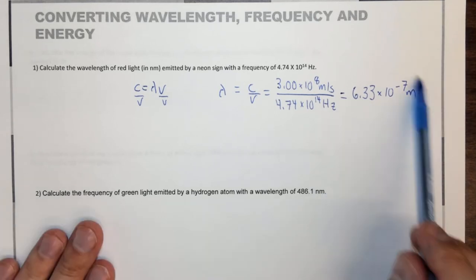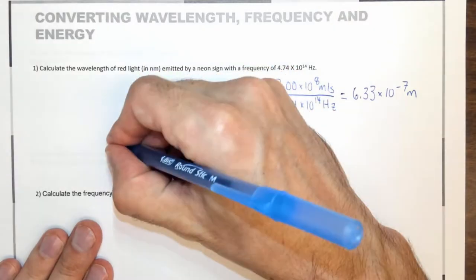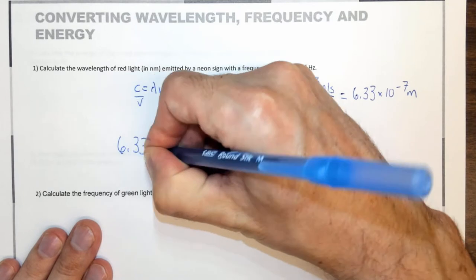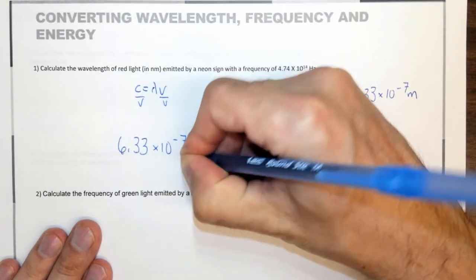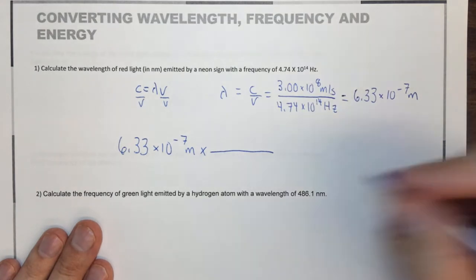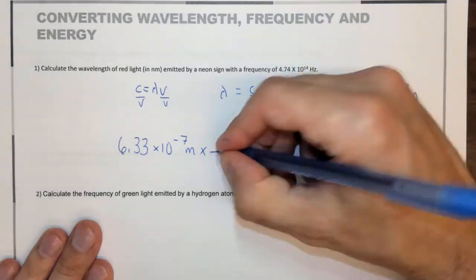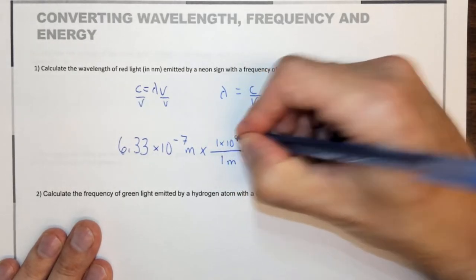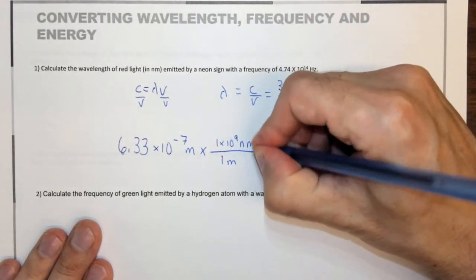So at the end of the day, we want to convert this to nanometers. We start with 6.33 times 10 to the minus 7 meters times, well, 1 meter is 1 billion nanometers. So we put 1 meter on the bottom and 1 times 10 to the 9, or 1 billion nanometers, on the top.